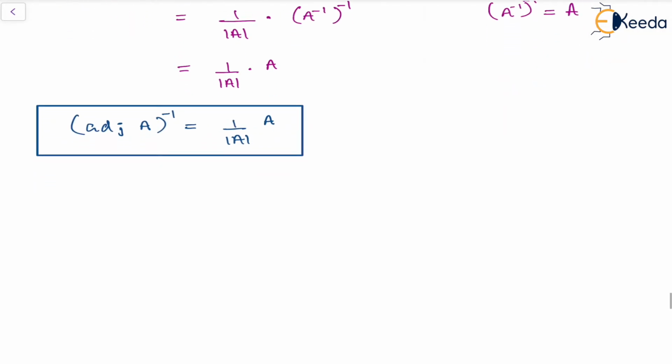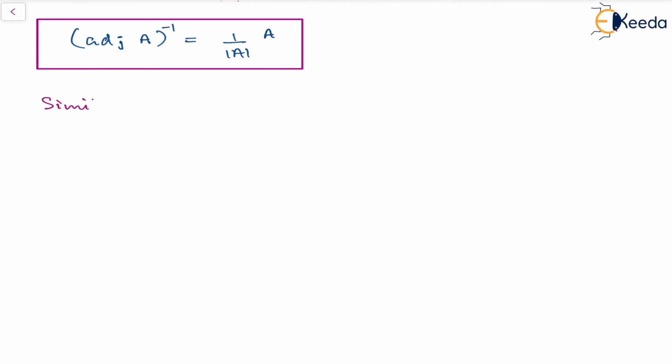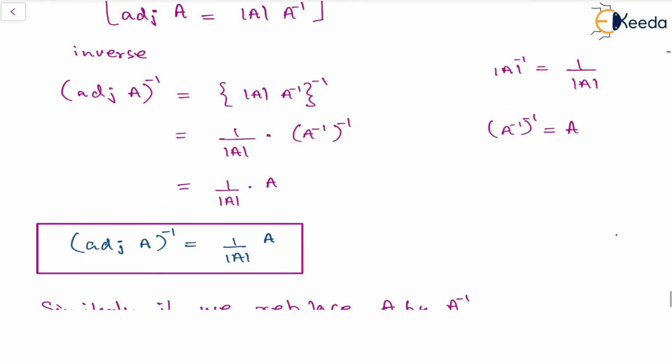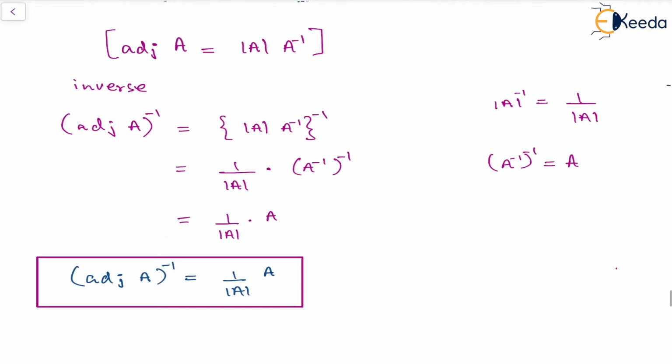And similarly, if we replace A by A inverse in the expression we have found, that is adjoint A is determinant A times A inverse. Let's say this is 1.